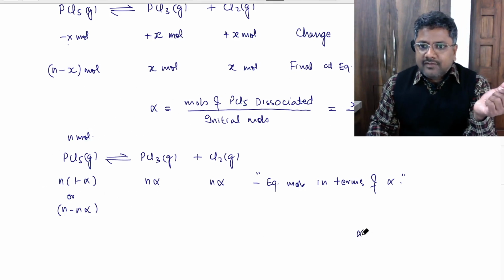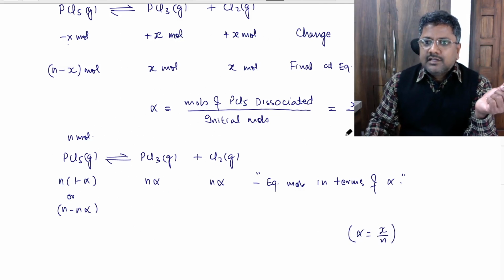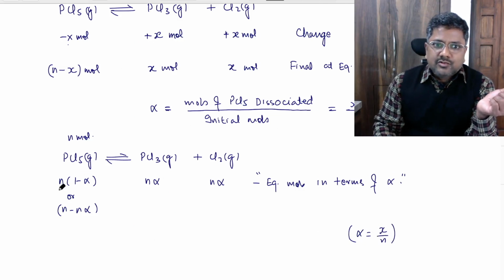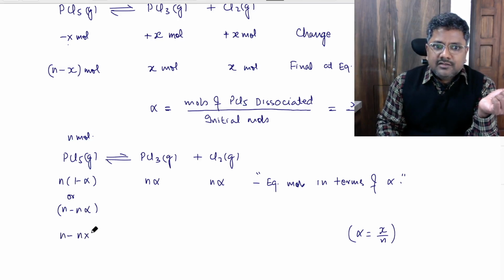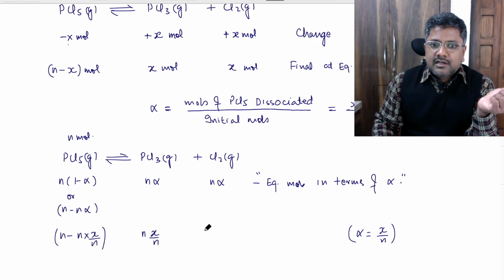See, alpha is equal to x by n, from this equation. So here we can put alpha is equal to x by n. So what we can write here: n minus n into x by n, and n x by n and n x by n. So n cancels.